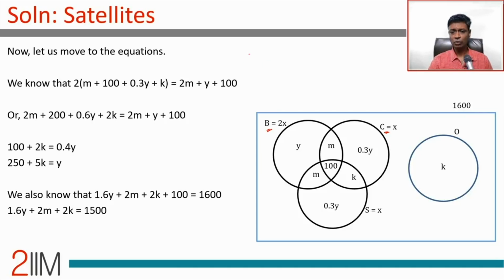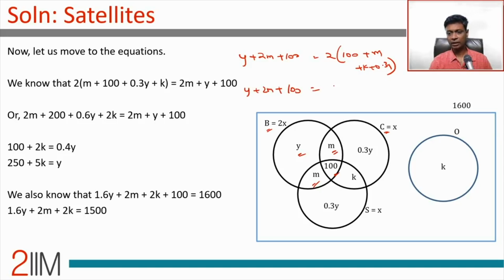And so we know that Y plus M plus 100 is 2 times 100 plus M plus K plus 0.3Y. Wonderful. So Y plus 2M plus 100 is 200 plus 2M plus 2K plus 0.6Y. Luckily the 2M goes away.